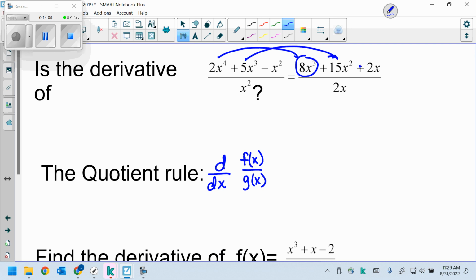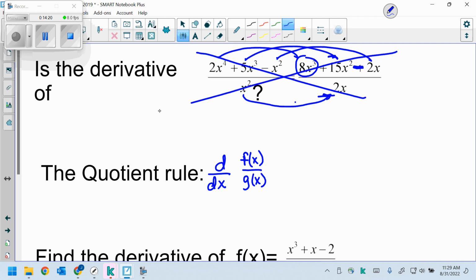Yeah, this is supposed to be a minus, sorry about that. You don't just take the derivative of each individual term and then divide them out. Nope, there's a special rule. You don't just take the derivative of the top and the derivative of the bottom and divide them. Just like we saw that didn't work for a product, it's not going to work for a quotient.